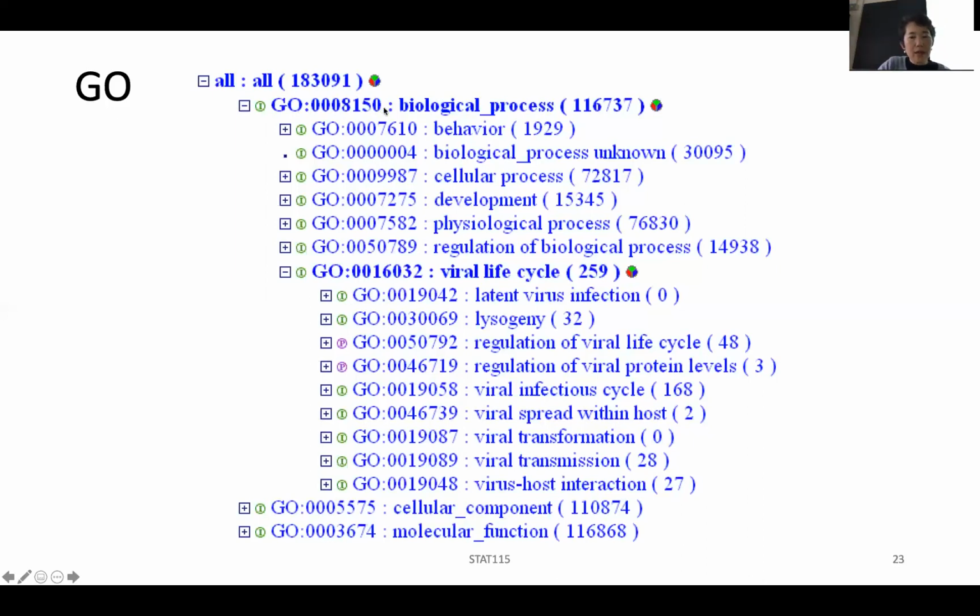One is on the biological process, one is on the cellular component, and one is on the molecular function. For example, if a gene on the biological process is annotated as viral spread within host, it would mean that this gene also belongs to the viral life cycle and also belongs to the biological process. So anything that this gene ontology code is, all of its parents are also true, okay?